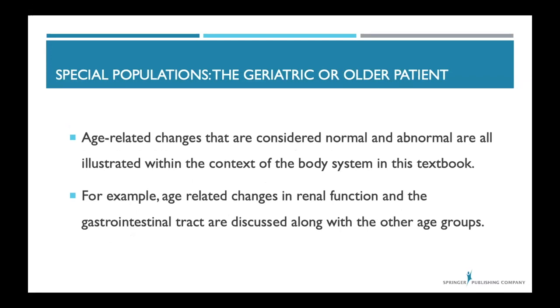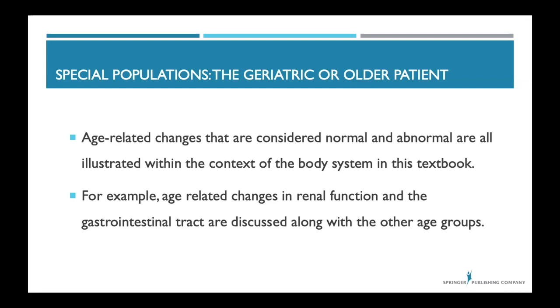We often find completely separate chapters or even separate textbooks for the geriatric or older patient. But the physician assistant population and the nurse practitioner population, whether they're adult, gero, or family, need to consider this geriatric population because they're going to be assessing patients across the lifespan. There are age-related changes that are considered normal and those that are considered abnormal, and these are illustrated within the context of the body system.